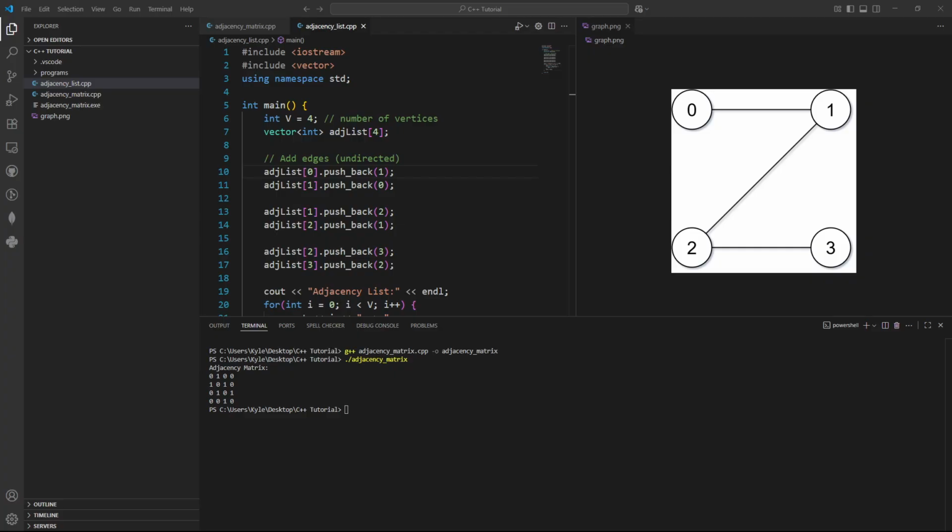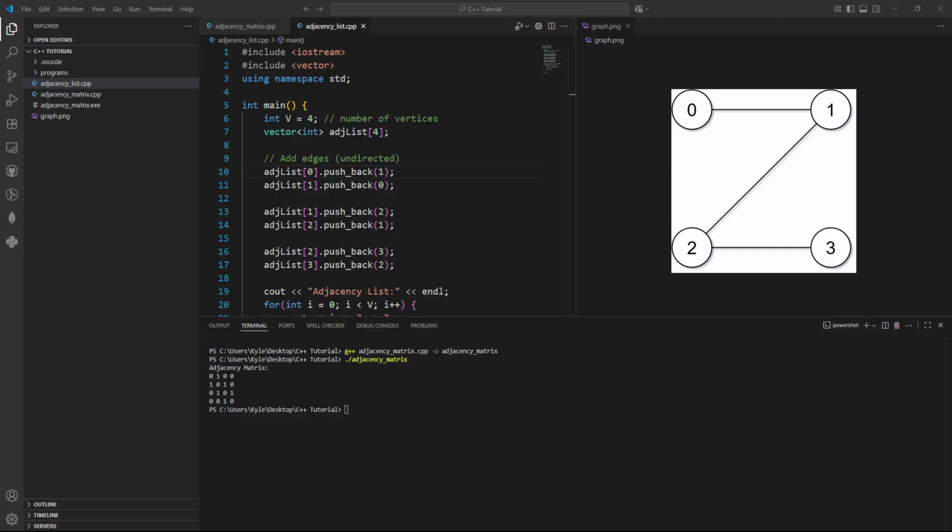This only uses big O of the number of vertices plus the number of edges. This is also easy for traversing neighbors of a vertex. A disadvantage of this is that checking if a specific edge exists requires a search, which can be big O of whatever the degree of the vertex is.